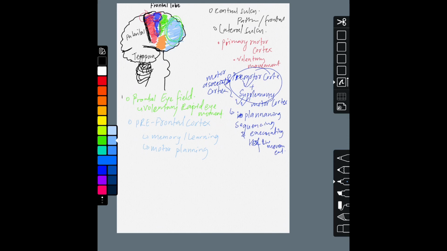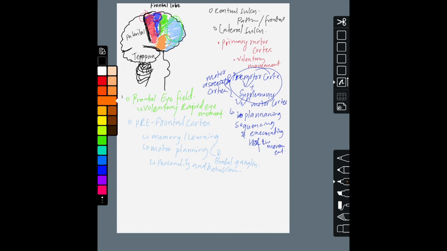This is because it also communicates with the basal ganglia. Lastly, it is involved in personality and behavior.